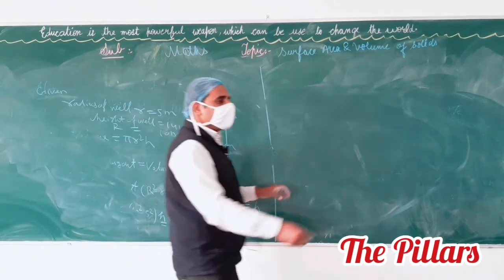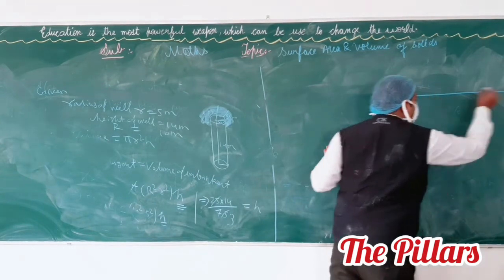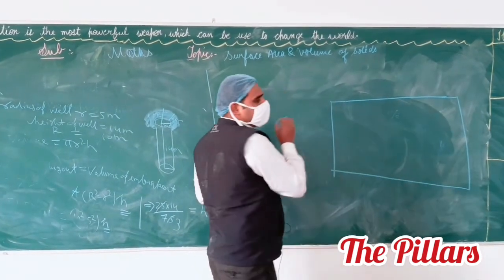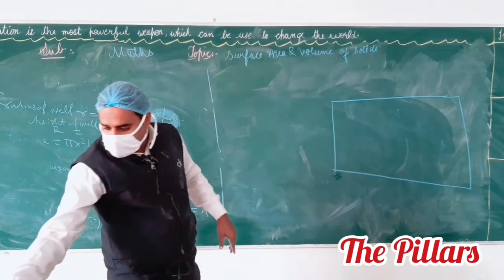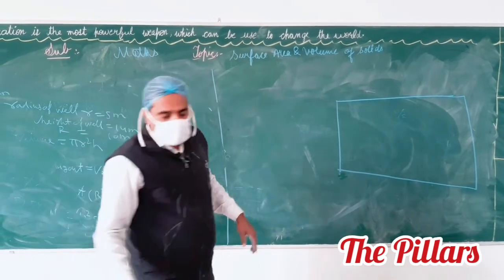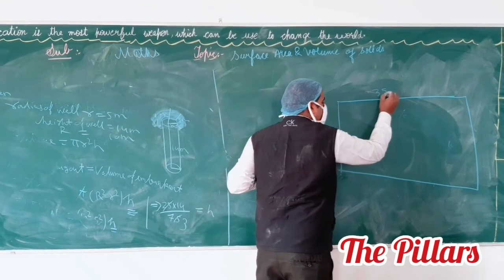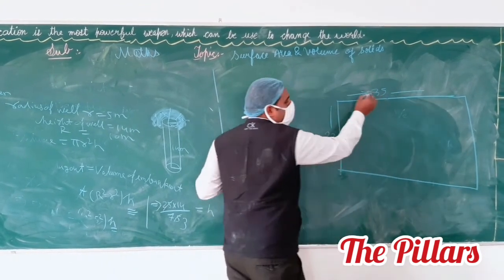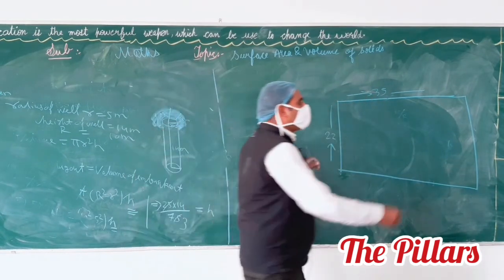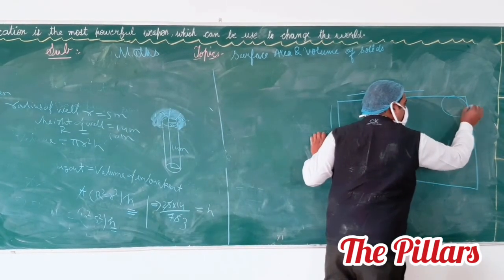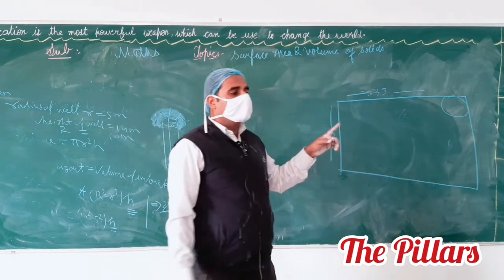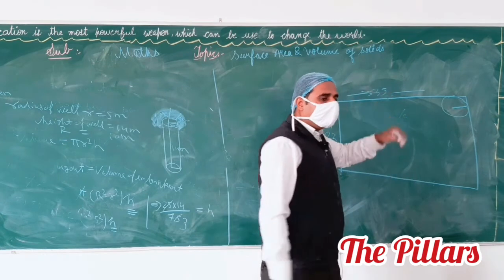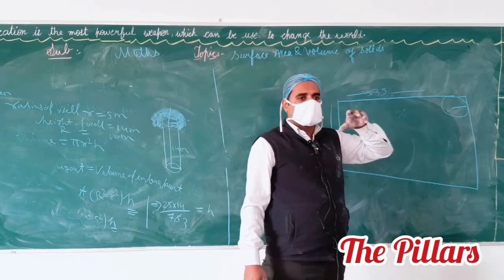You see, suppose we have a rectangular field whose dimensions are given as 35 by 22. We want to dig out a well at any corner, whose radius is given and how deep it is is given.